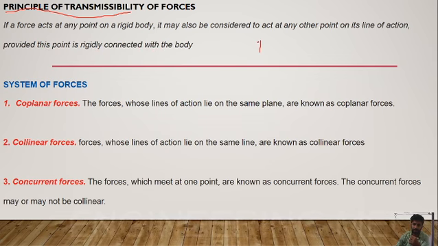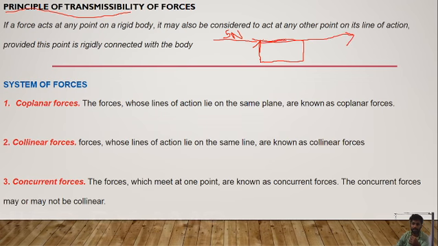That means this is a body, and I am applying a force here of 5 Newton. It will have the same effect if I am applying it in the line of action. The line along which the force acts is called the line of action.